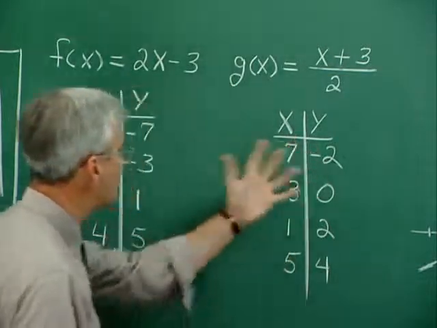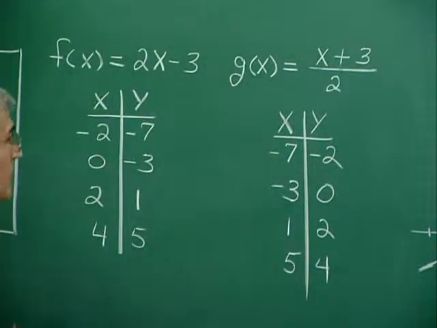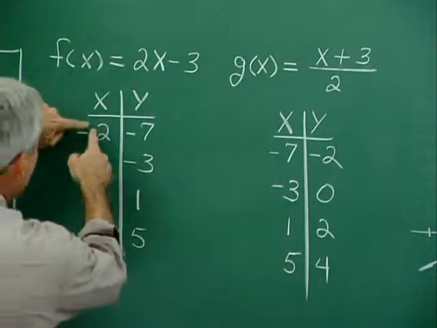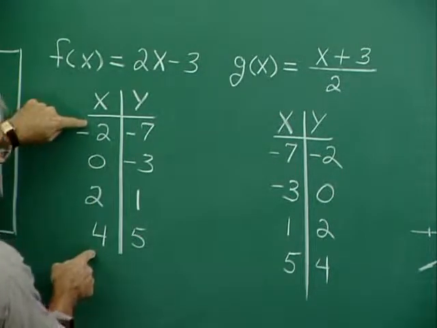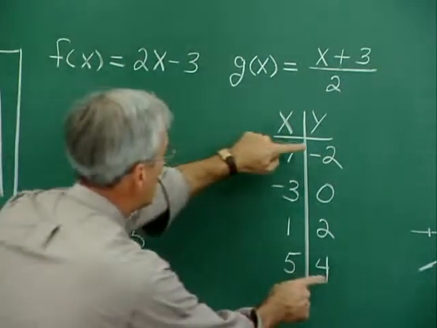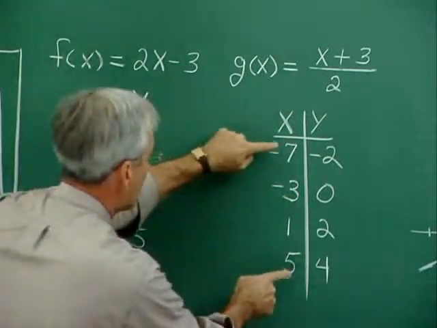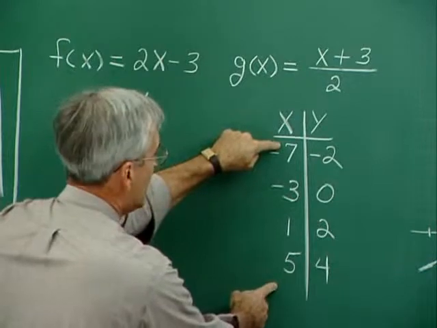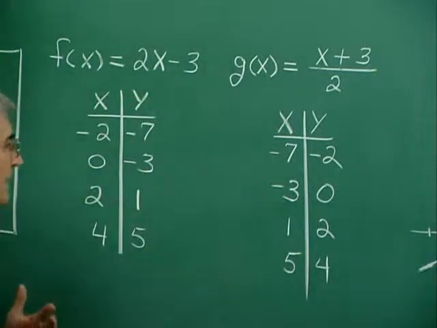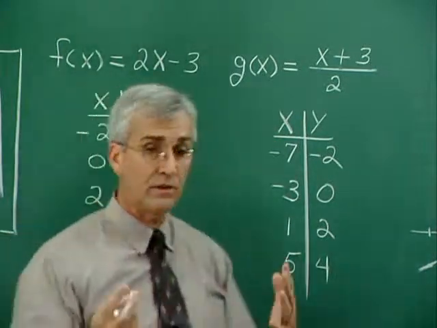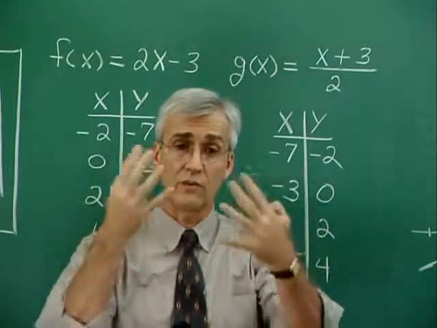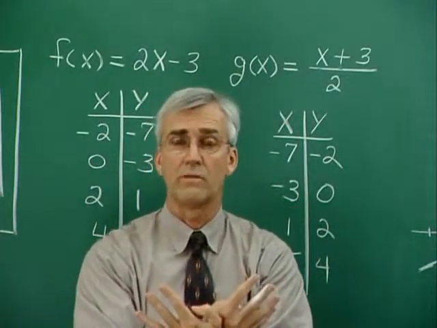Now look at these two tables of values. Notice that the items in the x column here correspond precisely with the items in the y column over here. And the items in the y column here correspond with the items in the x column here. Now this is no more than an extension of that idea that the domain and ranges of these two have just swapped roles, pretty much.